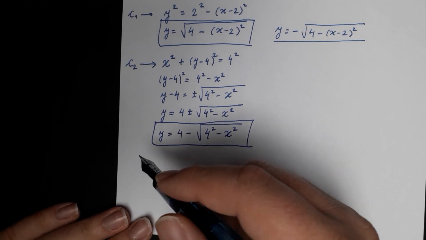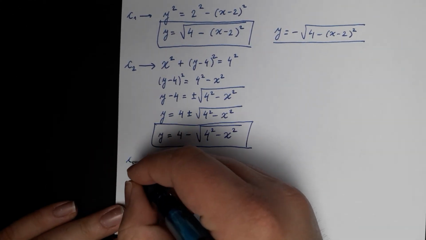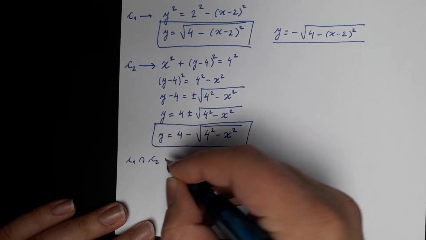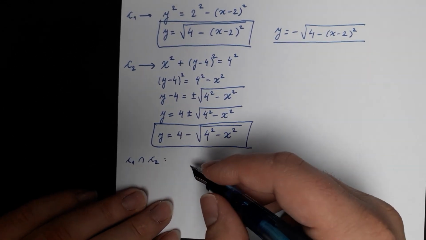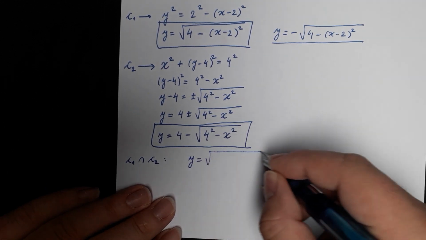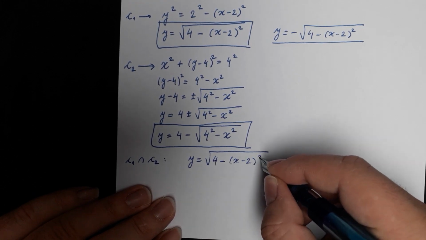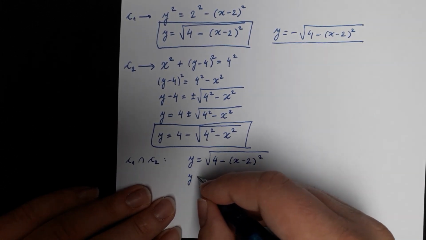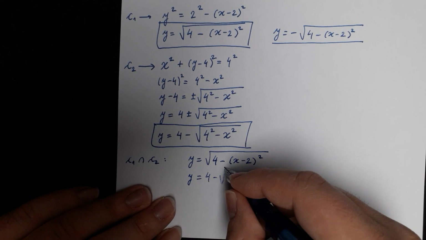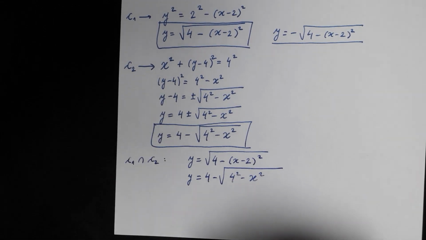Now, in order to see which two dots are in the C1 intersection C2, we are basically going to have to solve a system of equations. y is equal to the square root of 4 minus (x minus 2) squared, and y is equal to 4 minus the square root of 4 squared minus x squared.